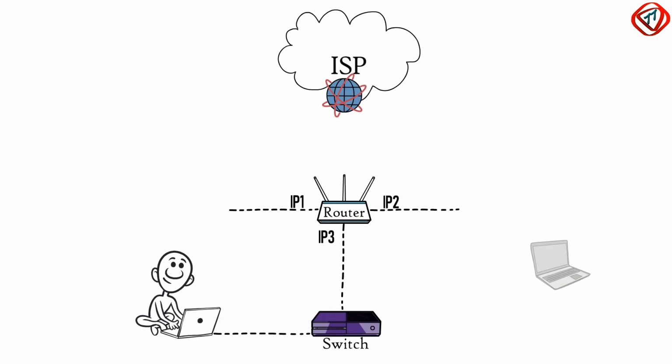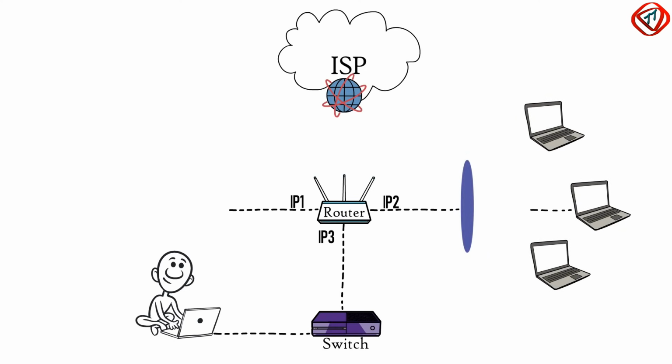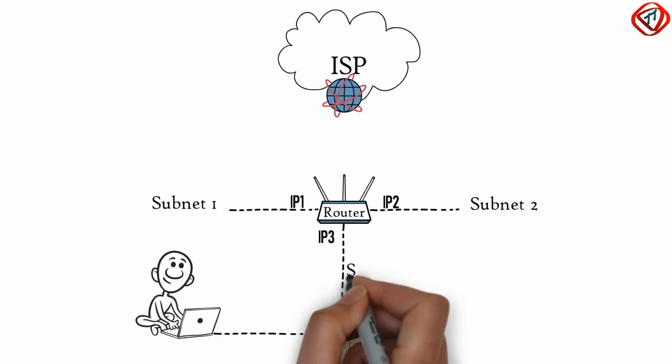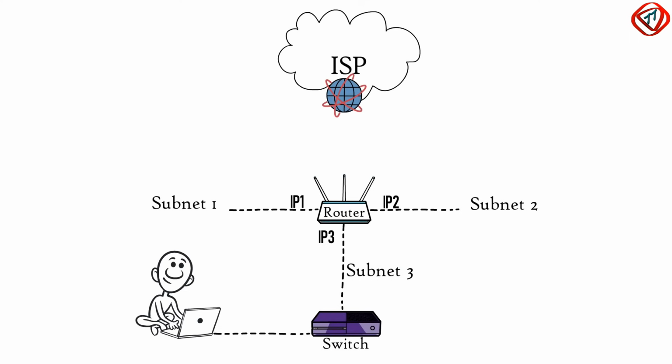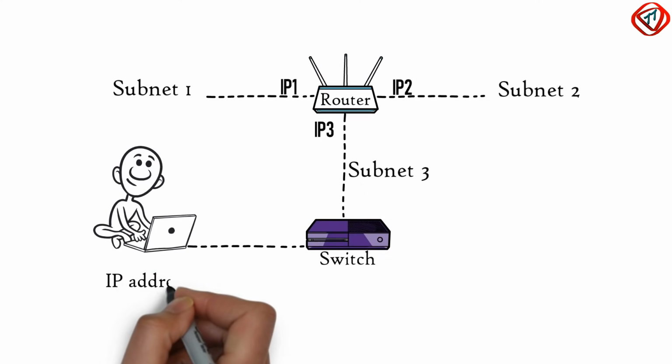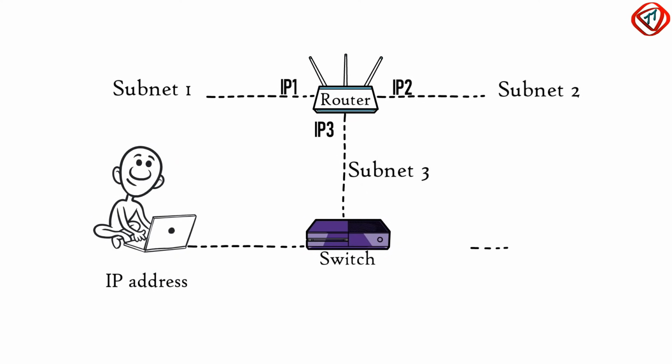A group of hosts or computers connected to one interface forms one subnet. So a router can form multiple subnets and act as a middleman if data needs to be routed from one subnet to another subnet.